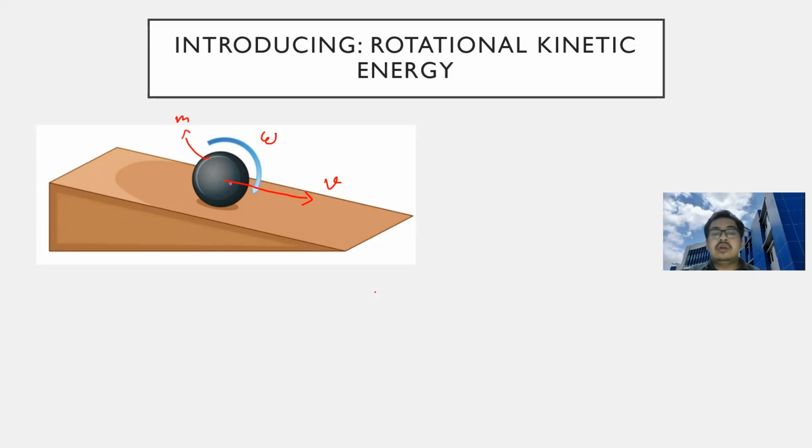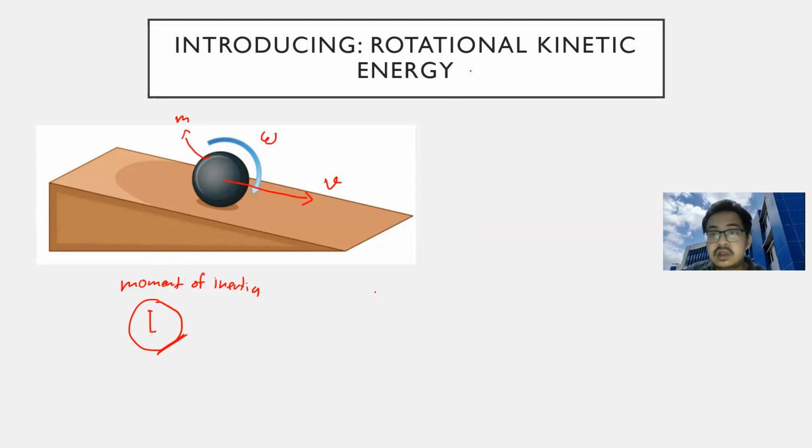And as you can remember, in a rotating object we have a substitution term for mass which is more compatible with rotating objects, which is the moment of inertia, or in mathematical terms we write it as capital I. This quantity is very important here. Okay, let me show you.